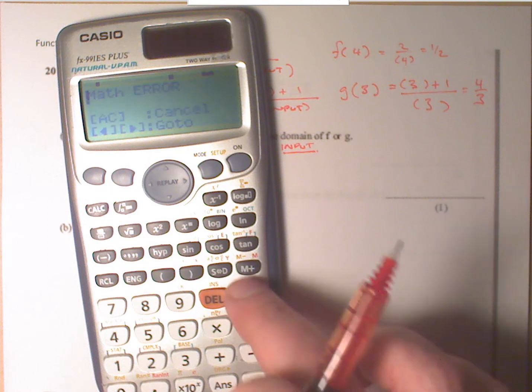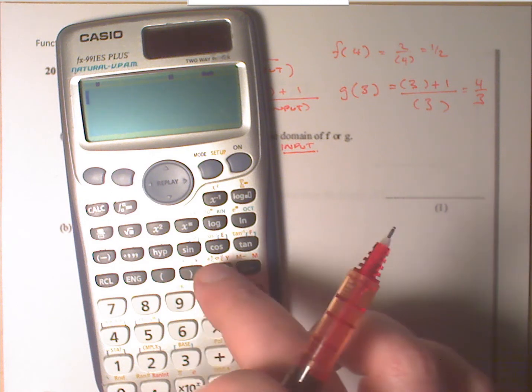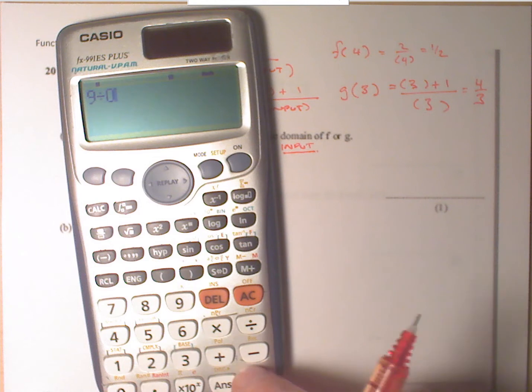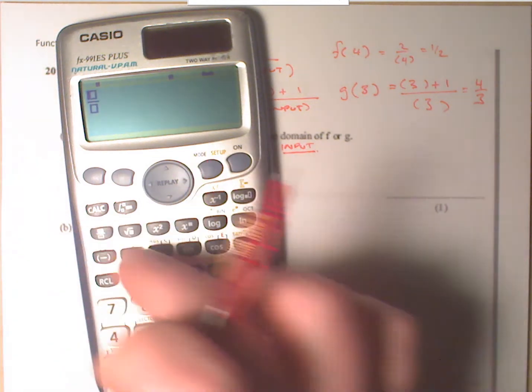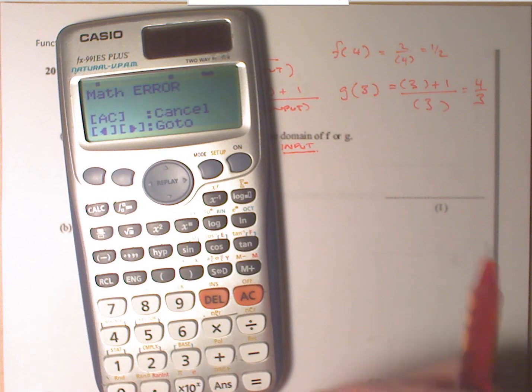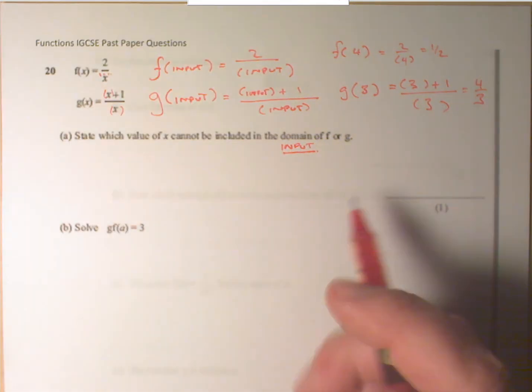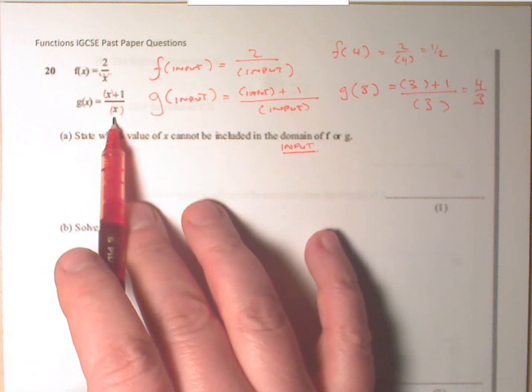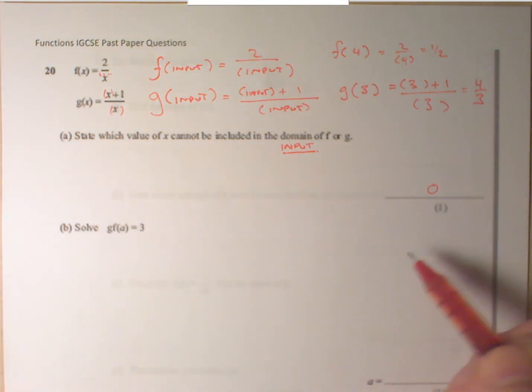And the other thing that's going to cause math error is if you try to divide by 0. So if I do 9 divided by 0, it doesn't like it. Anything divided by 0, you're not allowed to do. And you can see here that I've got a situation where if x was 0, I'd get math error. So my answer to the first one is 0.